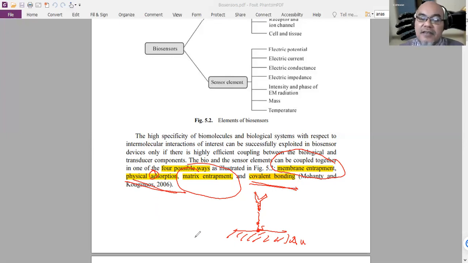So if it was short, with the linker covalent binding like this, you will have it more ordered. But they will not be free to move left and right because of the hindrance by the neighboring antibodies.